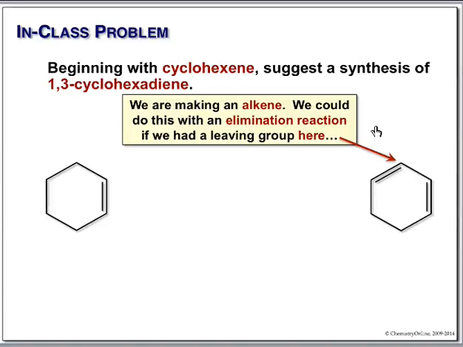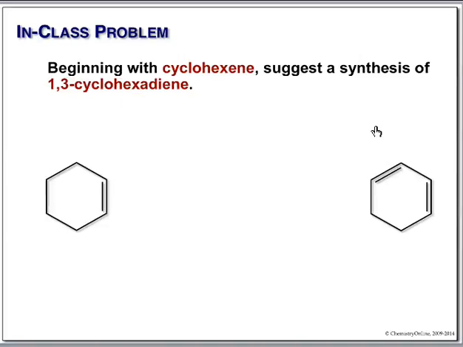Our leaving group had to be attached at this carbon. Our elimination conditions are simply going to be tert-butoxide and tert-butanol. Why do we write those? Because we want E2, correct?